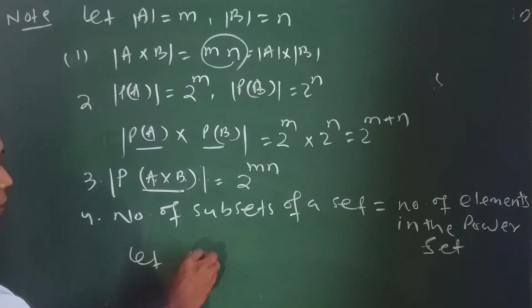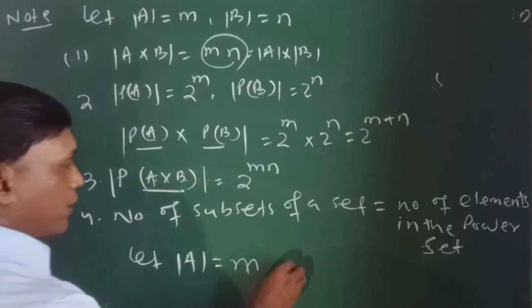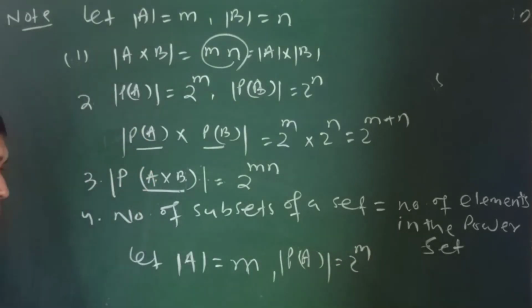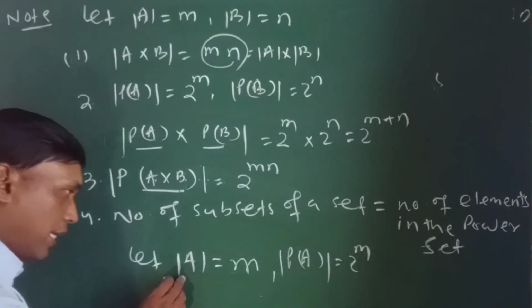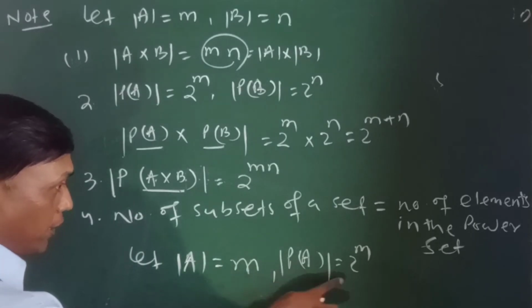Let A have m number of elements, then the power set of A has 2 to the power m number of elements. That means if A has m elements, the cardinality of P of A, the power set of A, is 2 to the power m.